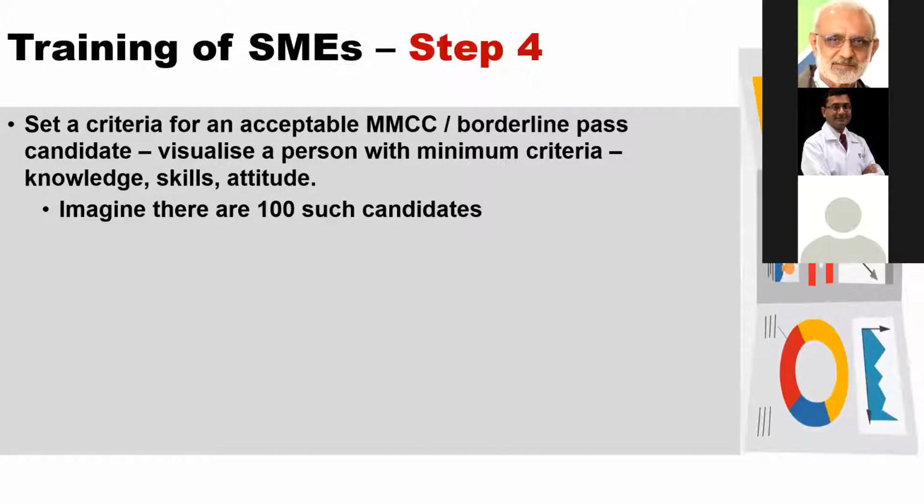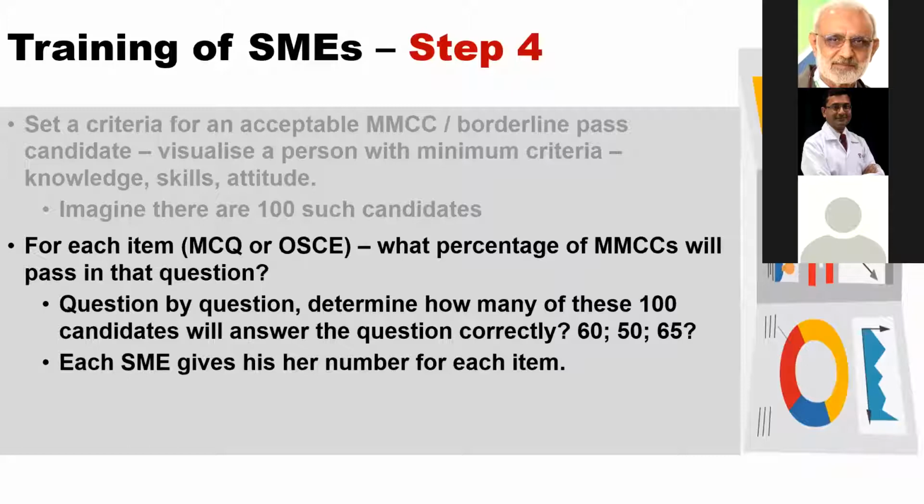And once we have an idea of a minimally competent candidate, then imagine there are 100 such candidates. And for each item, whether it's a multiple choice question or an OSCE, what percentage of minimally competent candidates will pass that question?